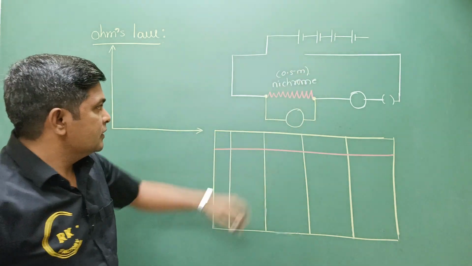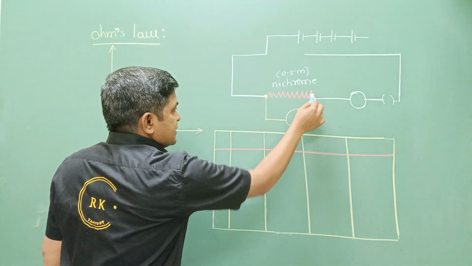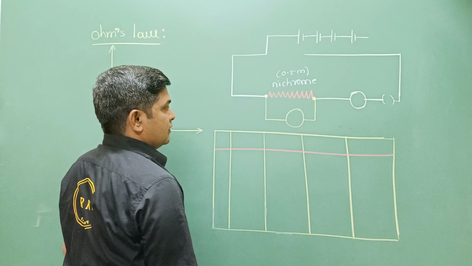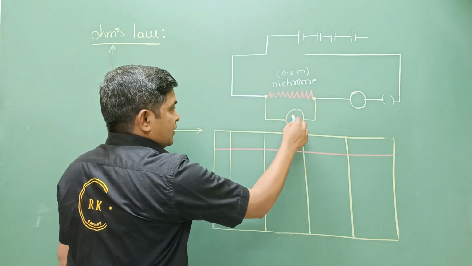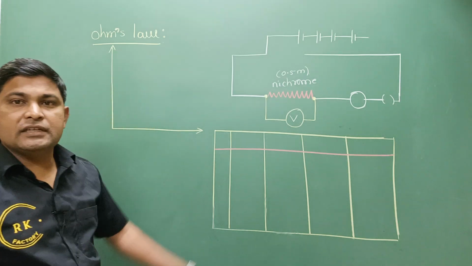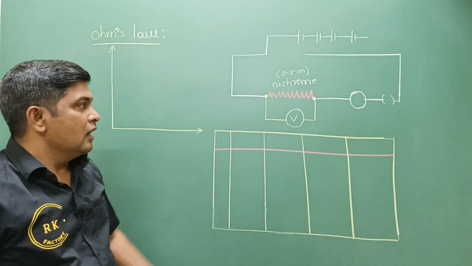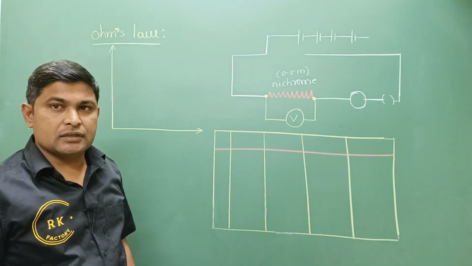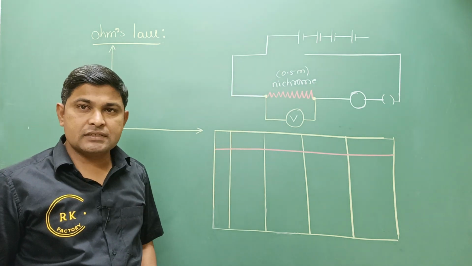And what about this? At the two ends of the resistor we have connected the two wires, and in that there is a reading, so that is going to be seen in V terms, meaning it is representing a voltmeter. How is that connected? That is connected parallel to the resistor. Why is it connected parallel to the resistor?